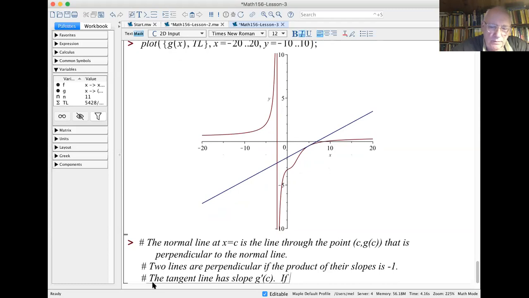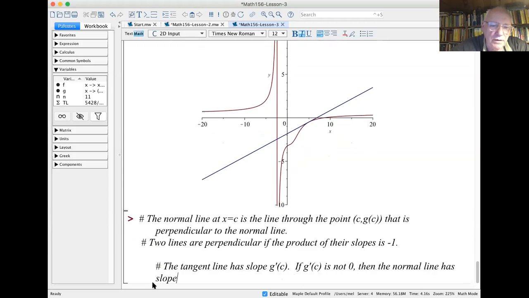if this derivative is not 0. Then if it's 0, it's horizontal. If the derivative is not 0, then the normal line has slope.